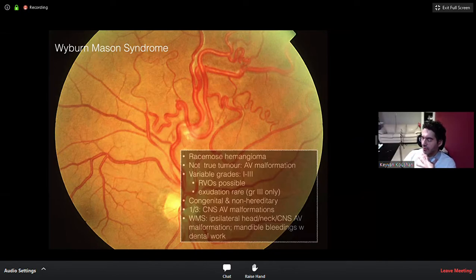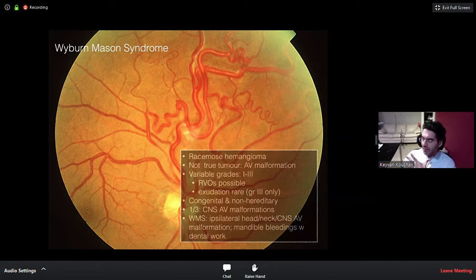It's generally a non-blinding disease. It is congenital but not hereditary. A third of them can have other AV malformations in the CNS. That's important to know. So if you see this, there may be associated cerebral AV malformations, especially in the face.